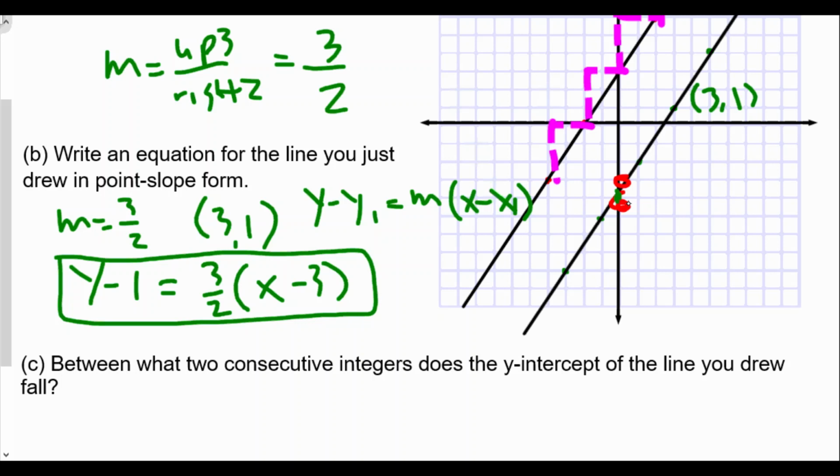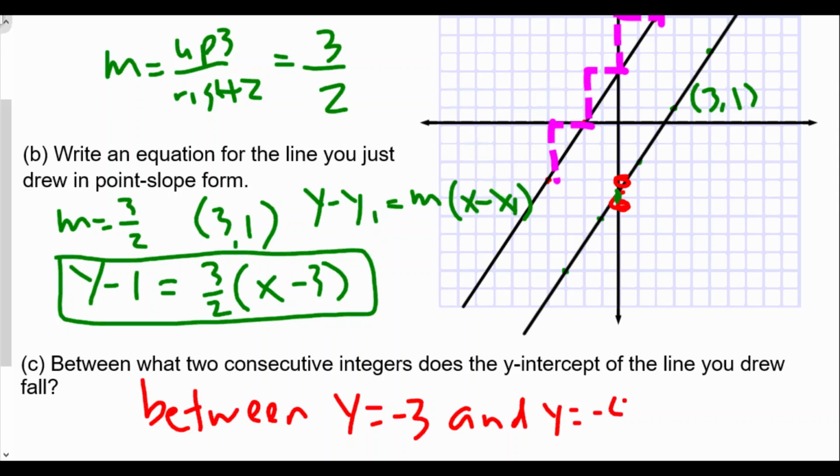And so it looks like between the integers of -3 and -4, between y equals -3 and y equals -4. That's kind of where it looks like it is.